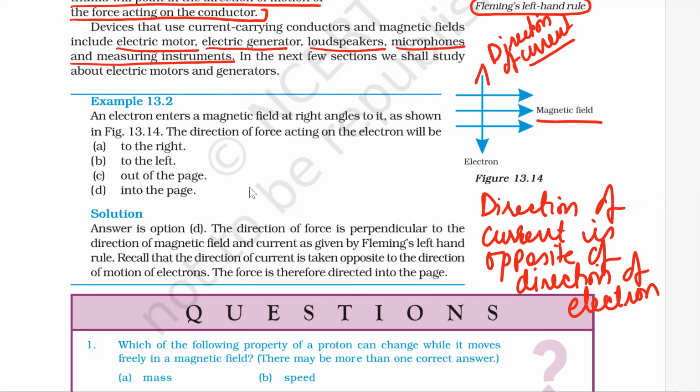Stretch your left hand such that the forefinger shows towards the magnetic field, and the middle finger points towards the direction of current. So where will the direction of thumb be? That will be the direction of force. So just do this practically. Stretch your hand. You will find that direction of force will be directed inside the page. So the answer will be into the page.